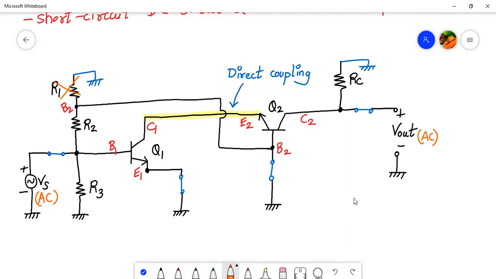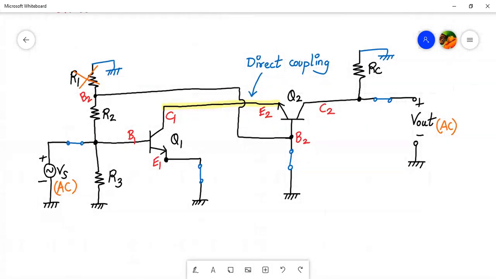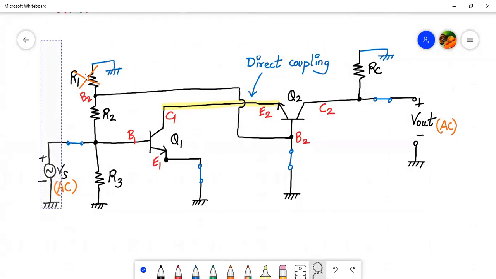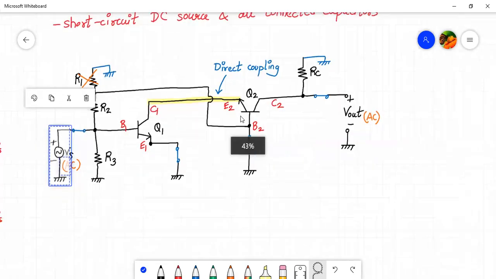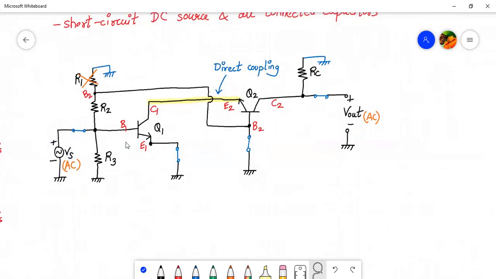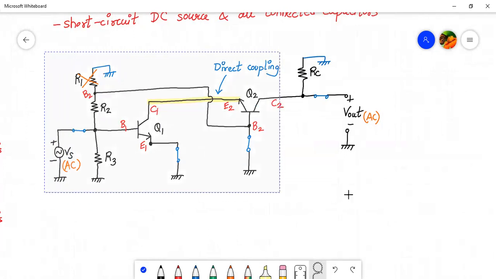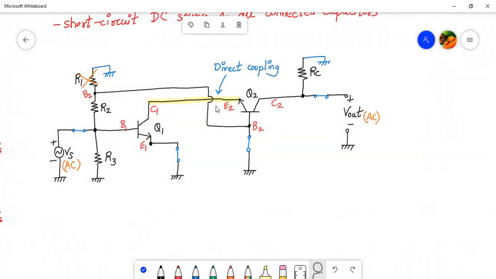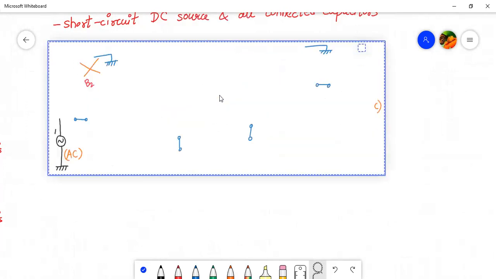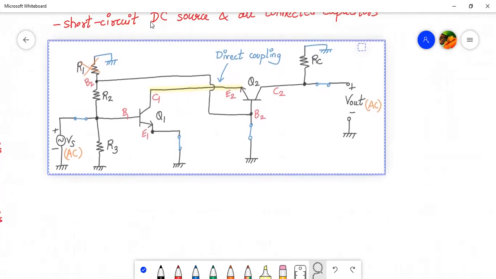So if I can redraw the circuit again, let me do that. Let me just slightly reduce it. What I do is I'll copy the circuit again. There are some changes which I have to do, so it will be in a simplified form. Let me push it slightly up above, and let me make a copy of it.